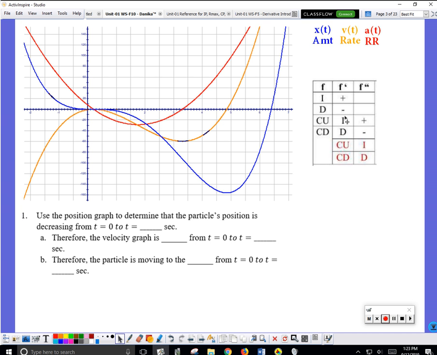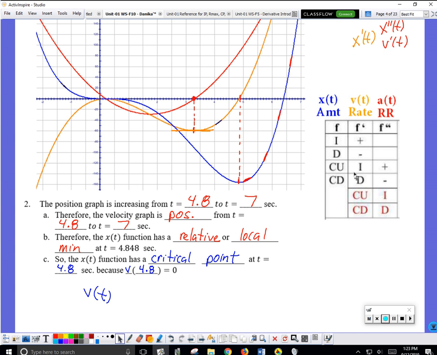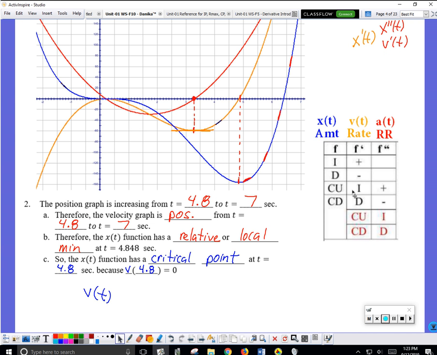Position is simply an amount. Velocity is the rate at which that amount is changing. Rate means slope. So the velocity is the slope of the position. But then acceleration is simply the slope of the velocity, because rate means slope. And acceleration is the rate at which velocity is changing.